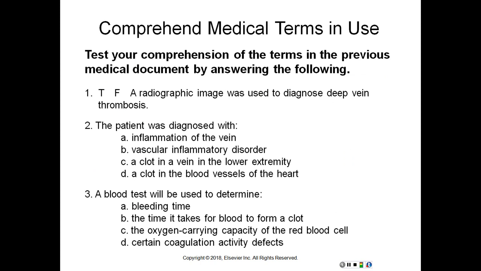Again, it was deep vein thrombosis, so what does that mean? And that's going to be letter C for a clot in a vein in the lower extremity. And then number 3, a blood test will be used to determine what? And again, going back, that's going to be D, certain coagulation activity defects.